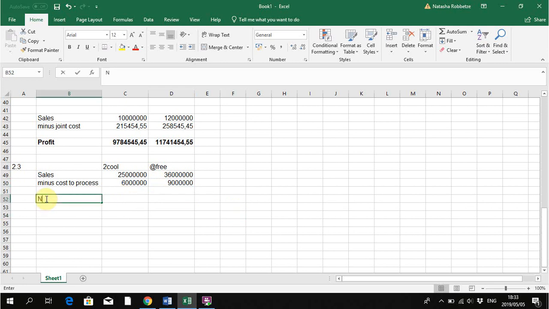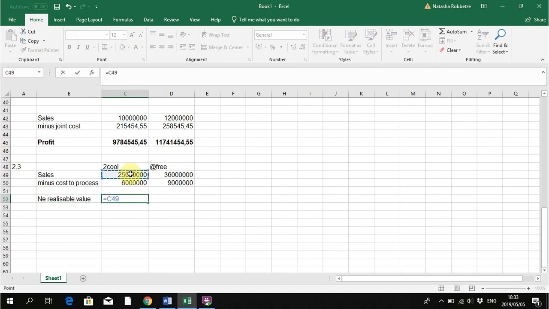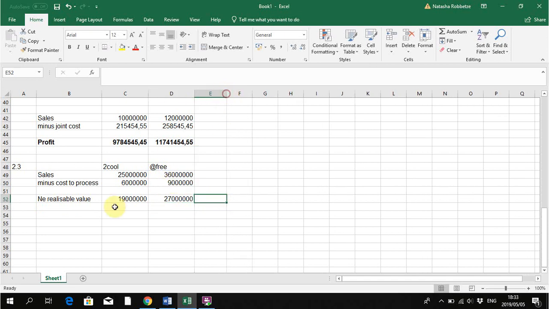Now I'm going to get to my net realizable value, which is your sales minus the cost of further processing. And I need to get to the total because now this will be my weighing.